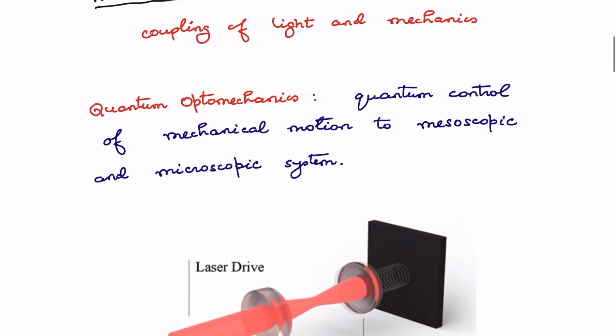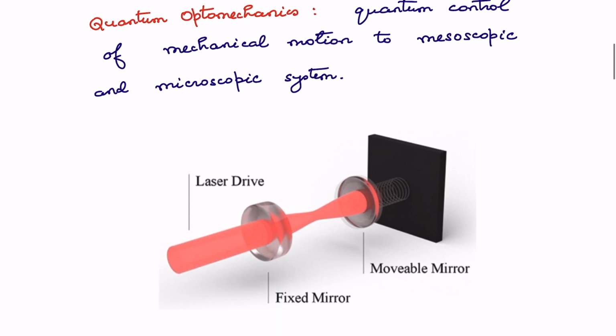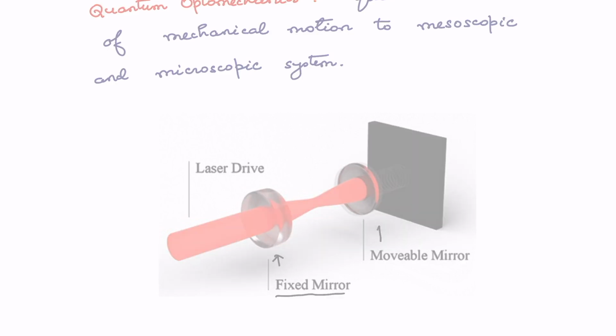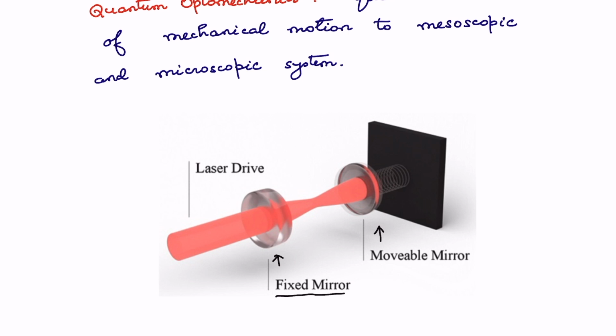A typical cavity optomechanical system consists of two mirrors, one fixed and the other movable. These systems may be of micrometer or nanometer dimensions overall. The electromagnetic radiation, generally laser light, is incident on the system and may get coupled to the movable mirror.